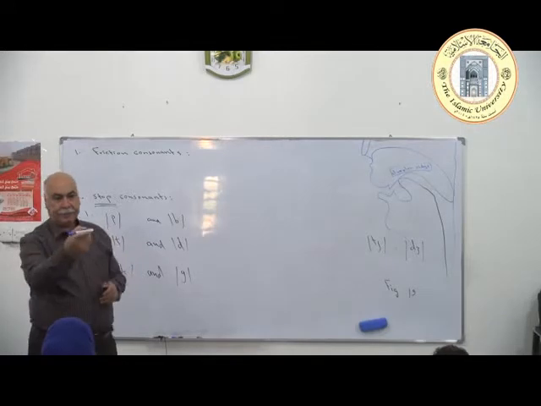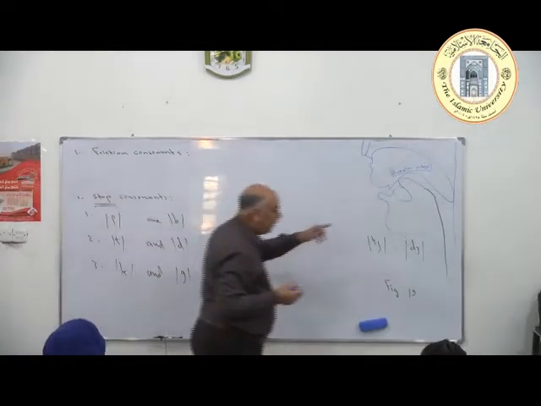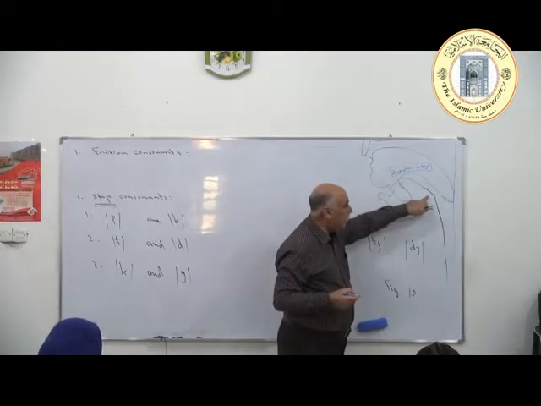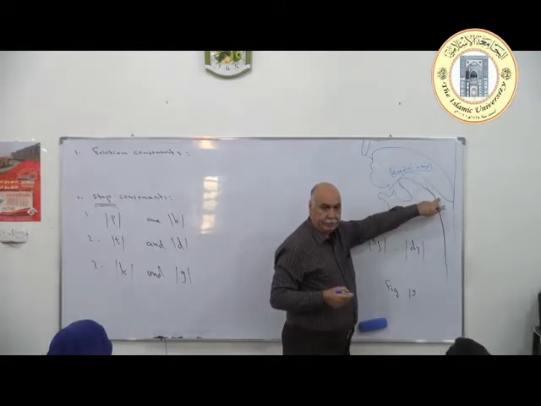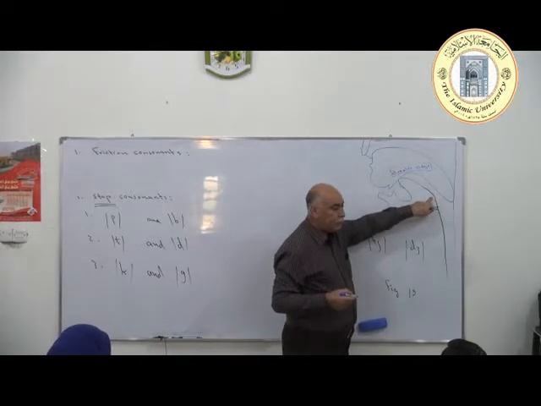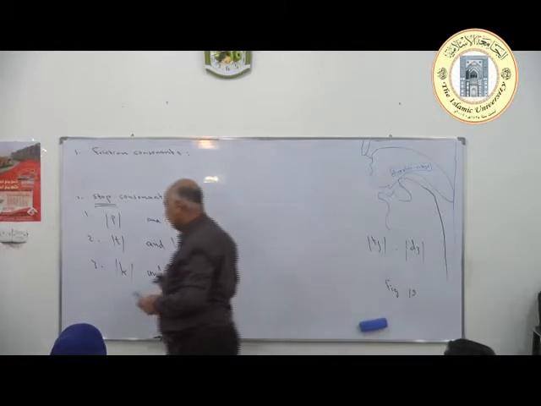Yes, the back of the tongue is completely in contact with the soft palate. That completely prevents the air inside the mouth and never allows it to come through the nasal cavity. Good. So the reason is they are produced by the back of the tongue with the soft palate.